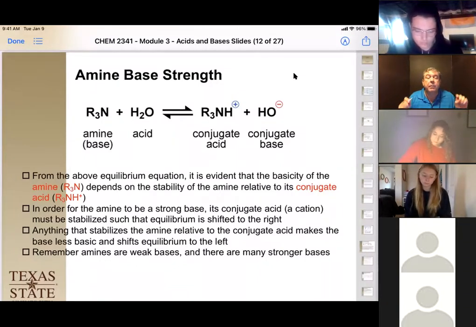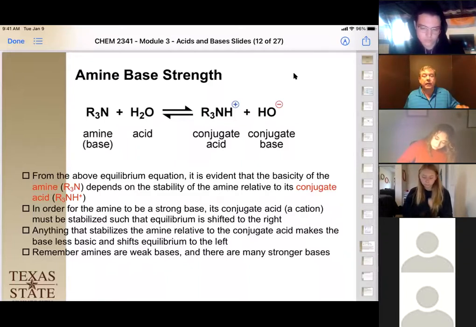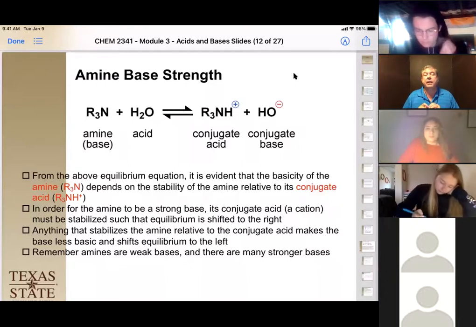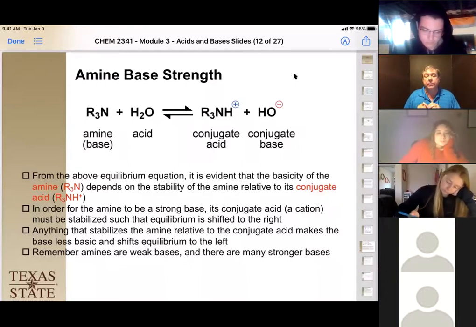In order for the amine to be a strong base, its conjugate acid, the cation, must be stabilized such that the equilibrium is shifted to the right. Okay, boy, I could have said that differently. Anyway, so that means that anything we can do on that nitrogen to stabilize that positive charge is going to make it more stable.